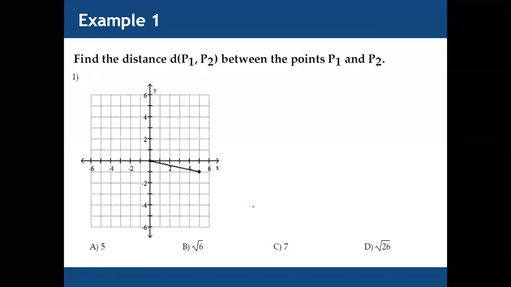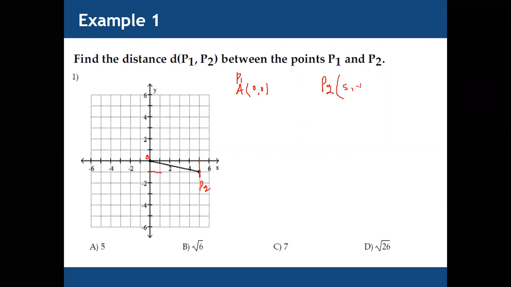Correct. A, B, C, D for distance between 2 points. Let me tell you, we have point A. Let's suppose point A, or point number one, is (0, 0). The second point, point number two or B, is x is 5, y is minus 1.